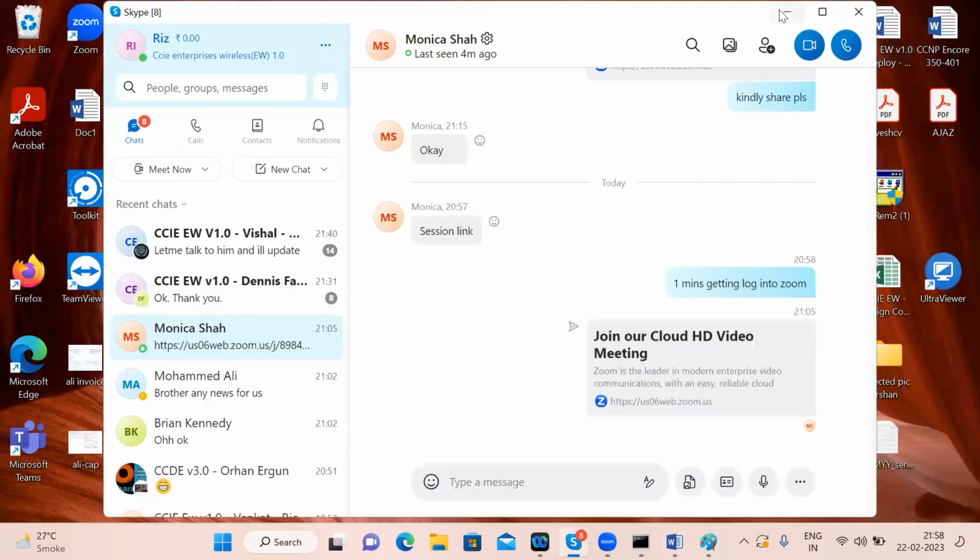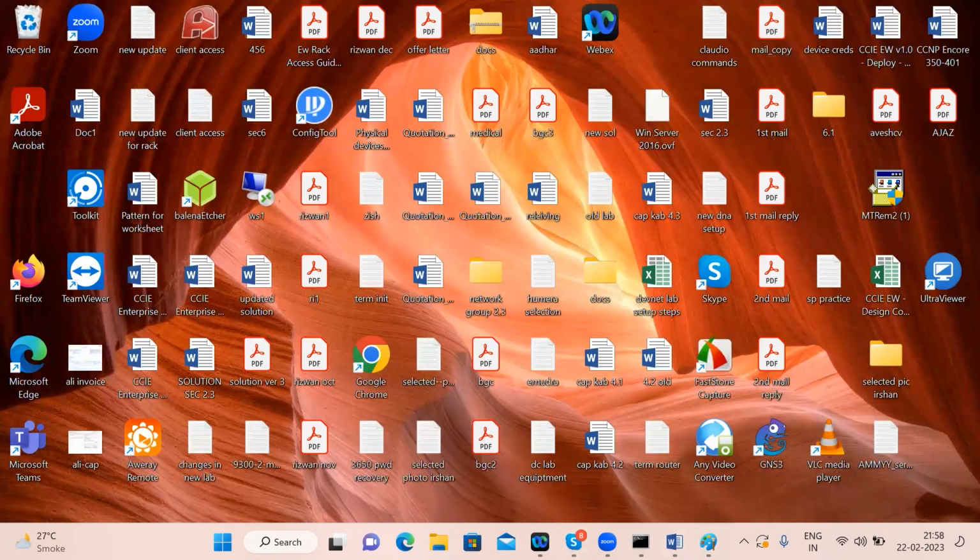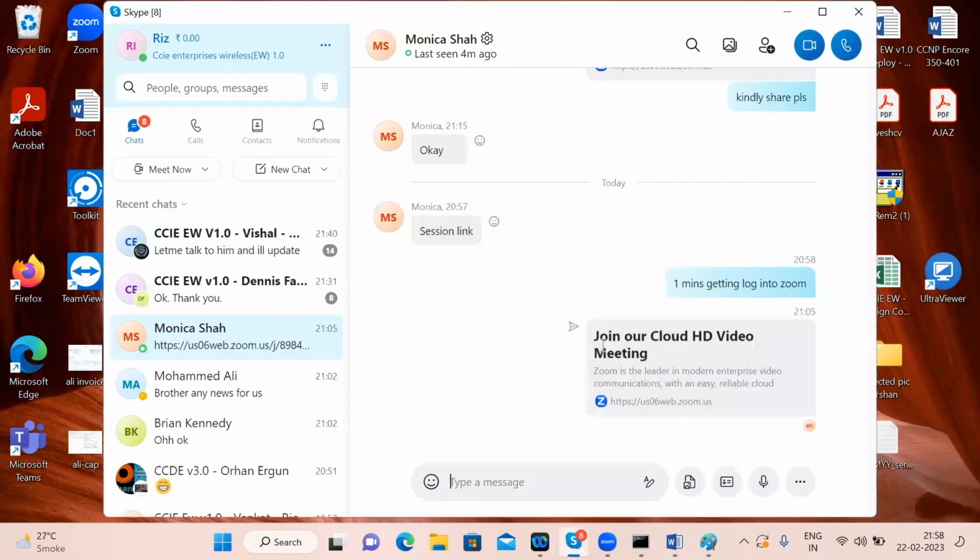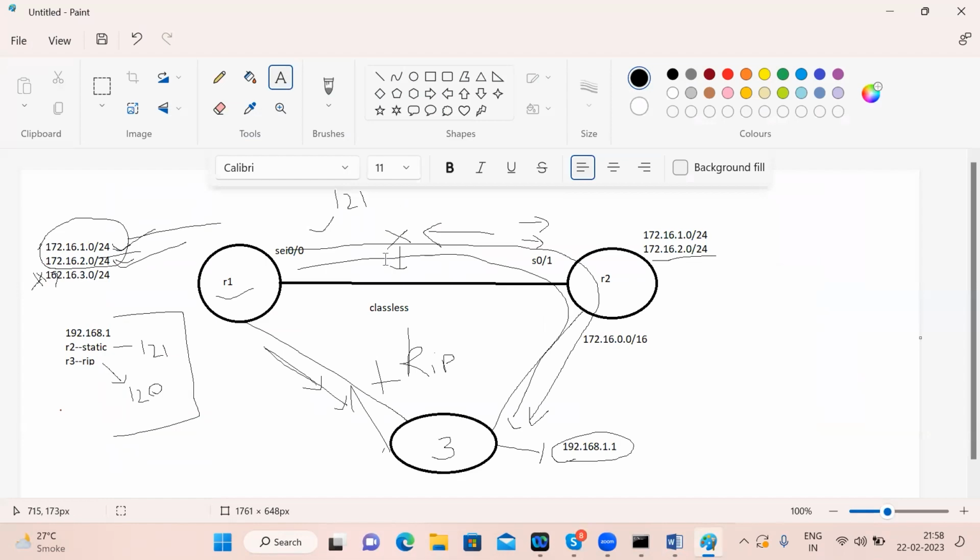What will you do? It will be your local interface, Serial 0/0. It will always be your local interface, not the next hop interface.